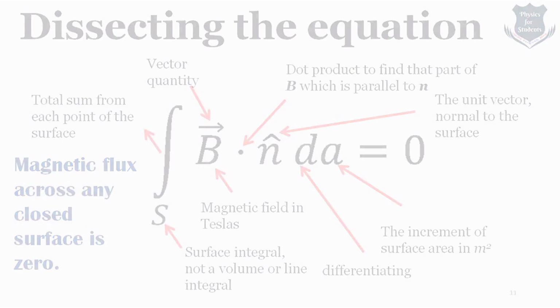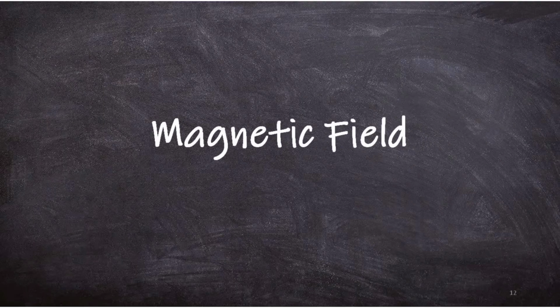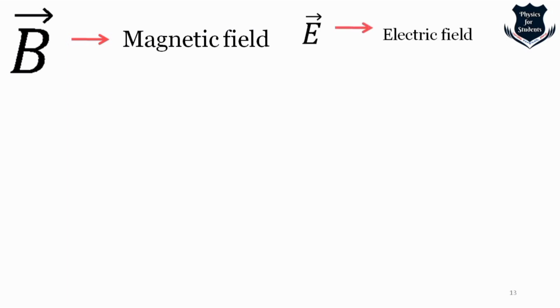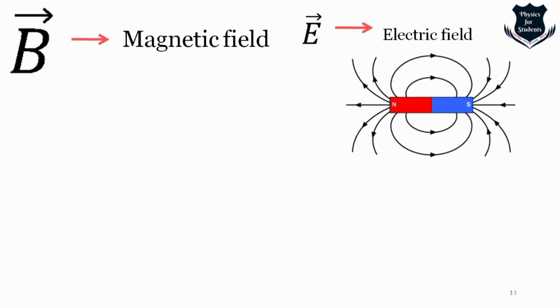So we move on to the next part of our video, where we find out what a magnetic field is, what this magnetic field is all about. This B is called the magnetic field, and E is the electric field. We know that. Now, this is a bar magnet, just to give you a visualization.